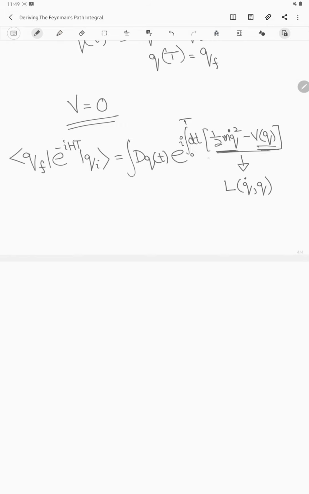But again, recall what is this whole thing, which is the integral over dt of your Lagrangian L of q dot and q? Well, it's simply your action from classical mechanics, S of q. Now action is just a functional of the function q, where q is your generalized coordinate.